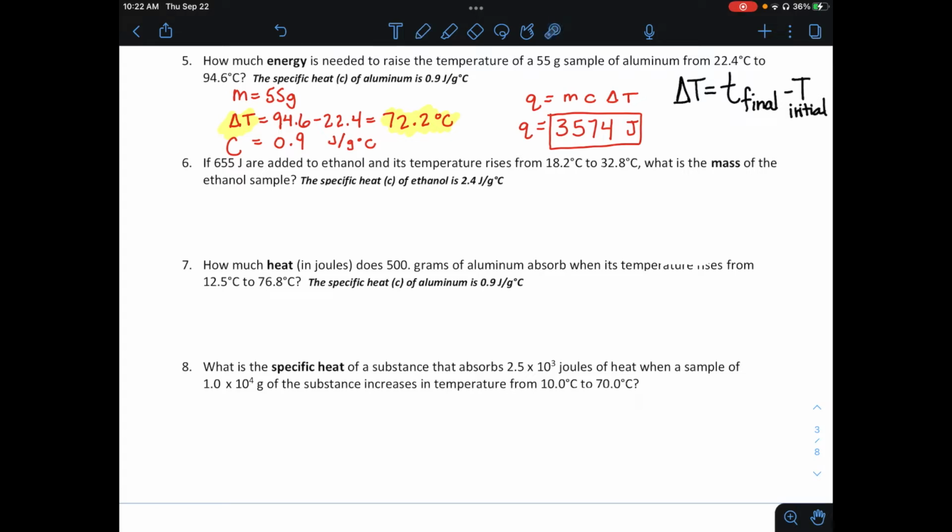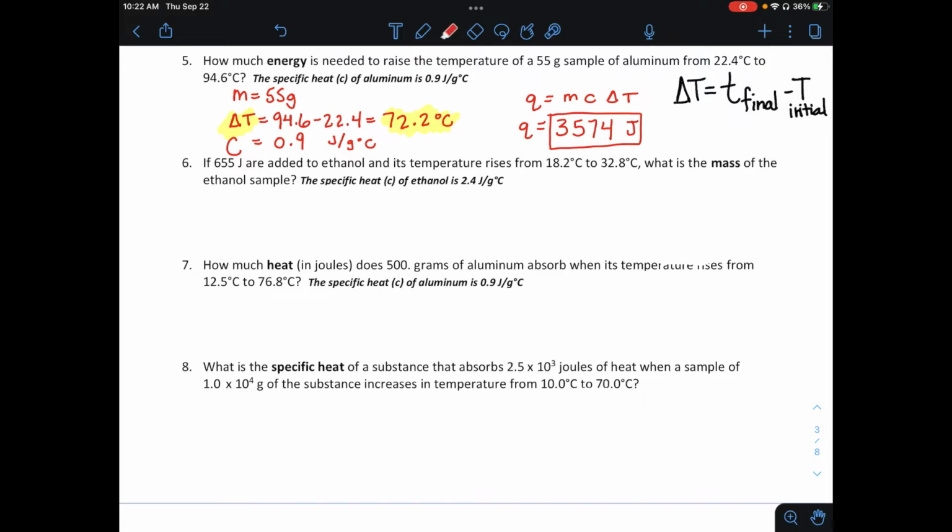Usually on my keys, you'll see that I have final minus initial to give me that delta T number. In my calculator, I just typed in m, 55 grams, times c, 0.9, times delta T, 72.2, and this is the answer that I got. Don't worry about rounding right now, as it's not something we're really thinking about.